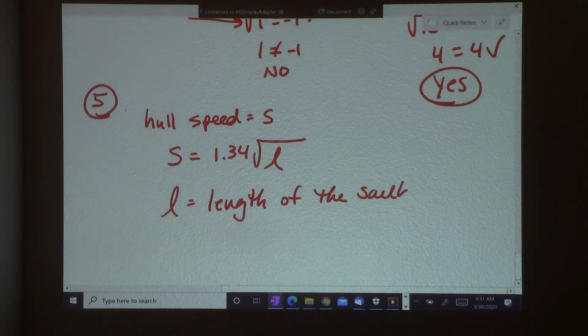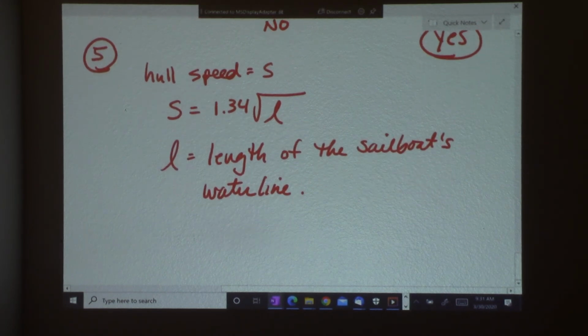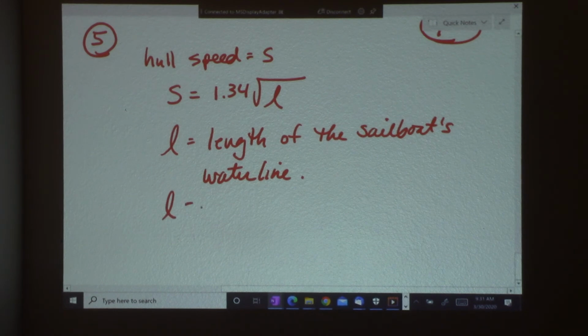So interesting, how they would ever figure that out. So the speed of a sailboat, they tell us in this case, is 8 nautical miles per hour.